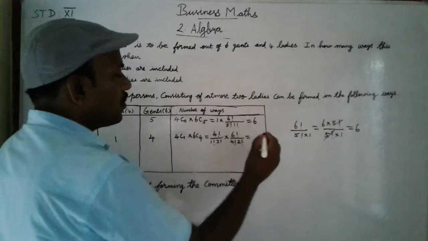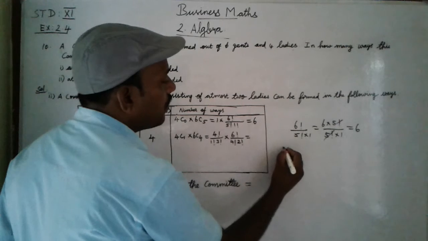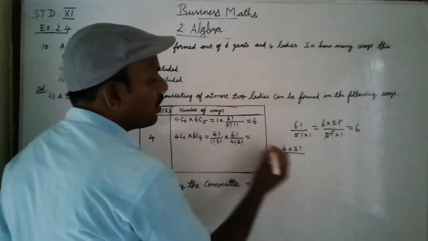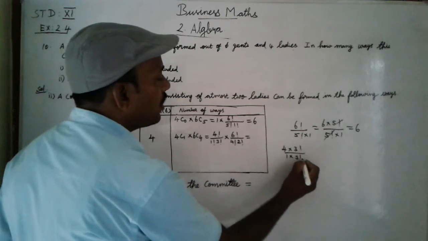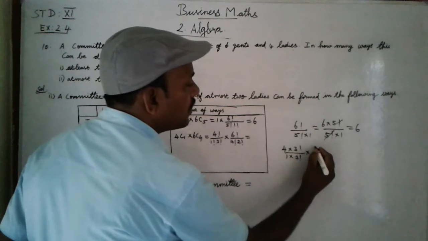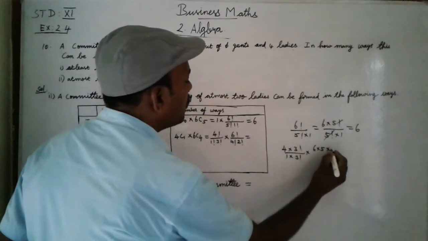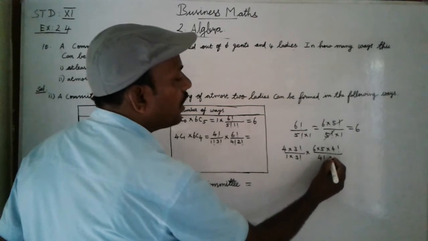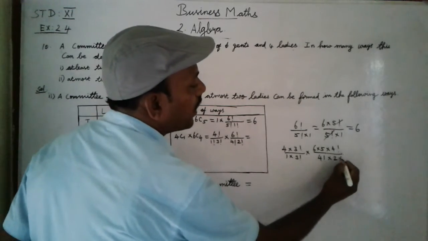So we should write 4 factorial is 4 into 3 factorial divided by 1 factorial is 1 into 3 factorial, into 6 factorial, we should write 6 into 5 into 4 factorial divided by 4 factorial into 2 factorial is 2 into 1.